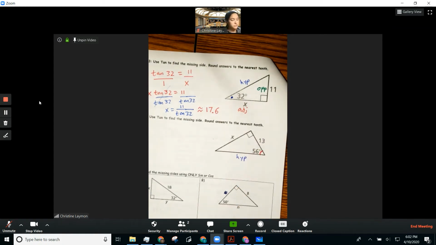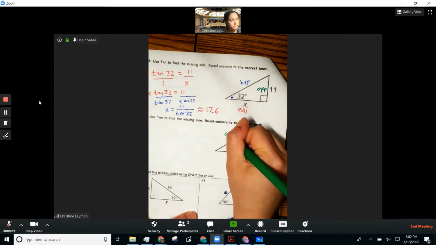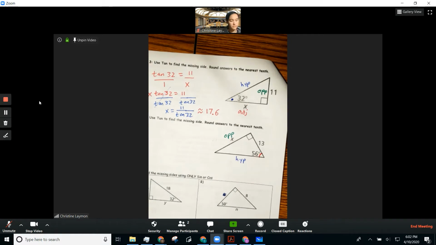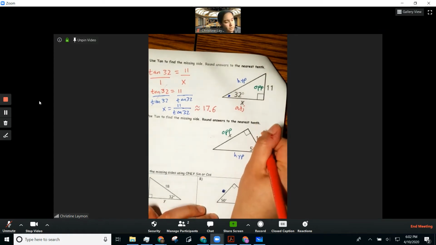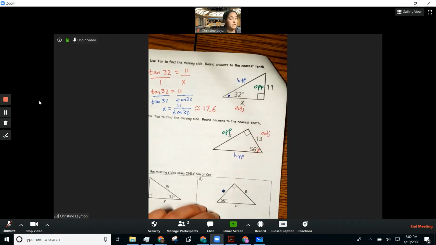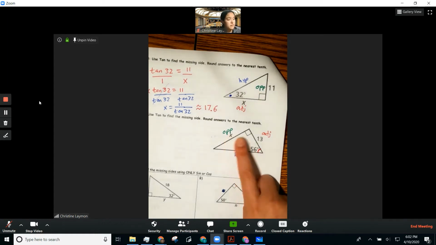If I go straight across from the angle I've chosen, x must be the opposite, which leaves 13 to be the adjacent. And again, it is adjacent because it is touching the angle I've chosen, but it's also not the hypotenuse. So 13 is my adjacent. I come back and take stock about what I have marked. I have angle, I have opposite, I have adjacent.